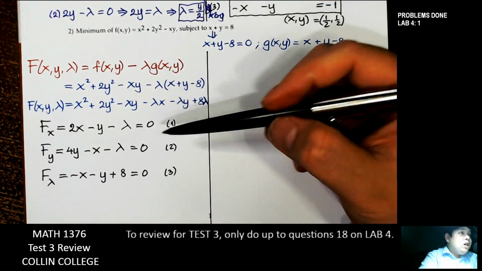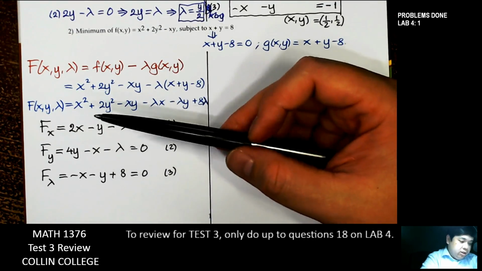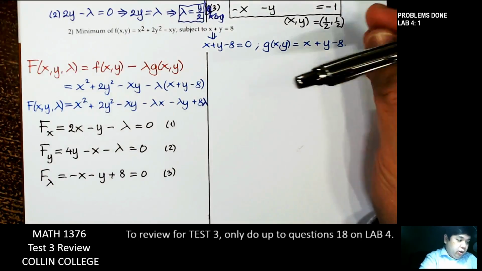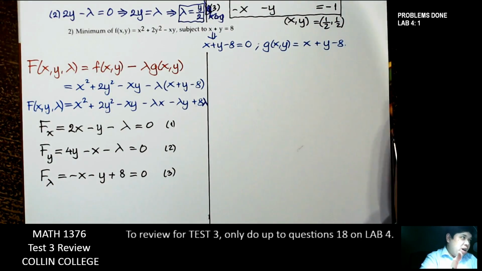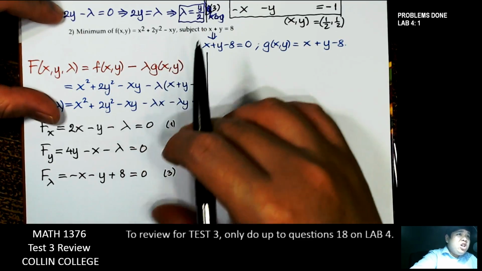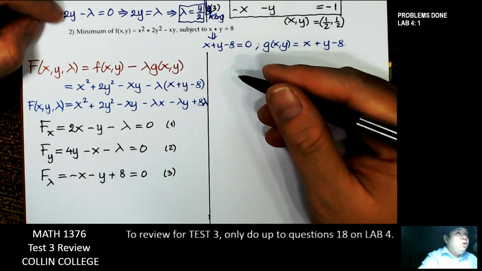Once again, these equations are linear equations. So x, y by itself, lambda by itself. No x square, no y square, no x lambda or y lambda. So if we change this equation to a system, we can solve it.